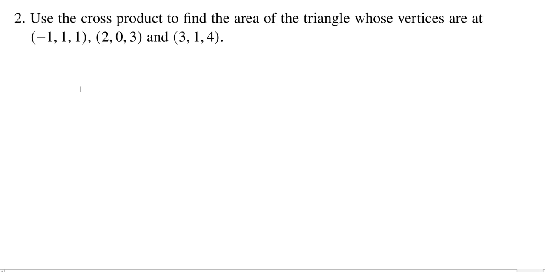So let's just quickly recall why the cross product is relevant in this situation. If I have some point and I draw two vectors away from it, let's call this vector u and this vector v, then we know that u and v are going to span a parallelogram, which I get just by copying u on top and v on the side.